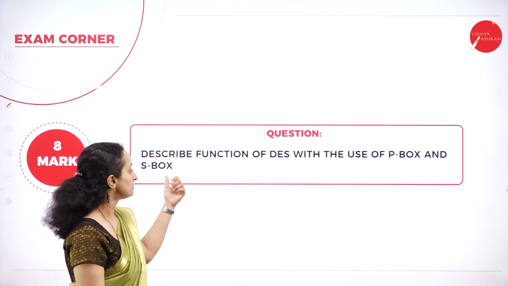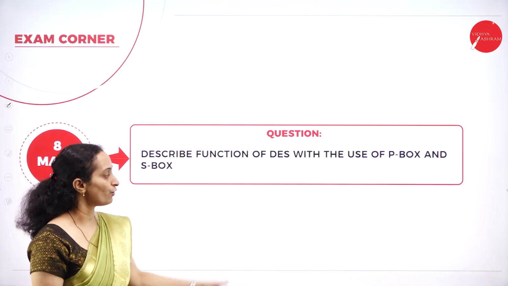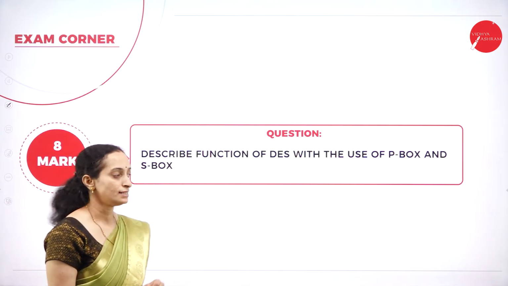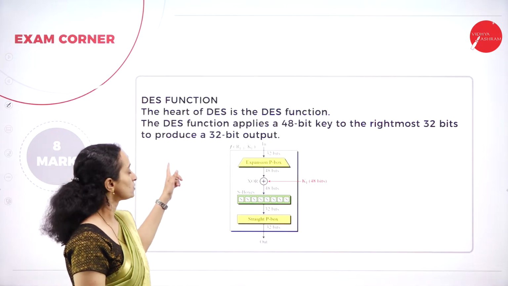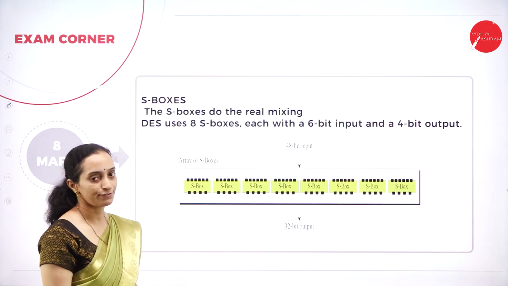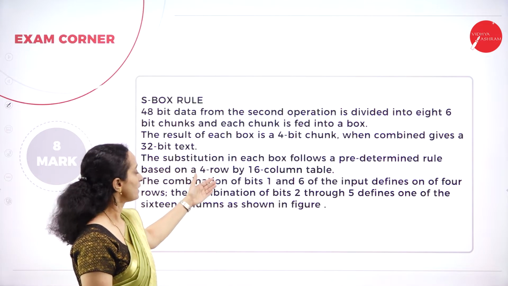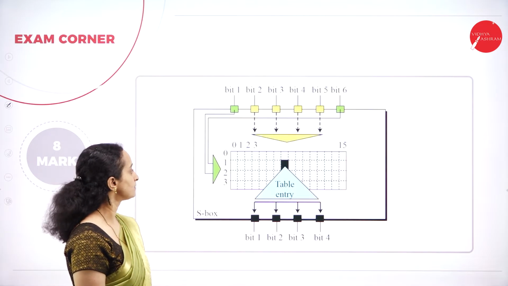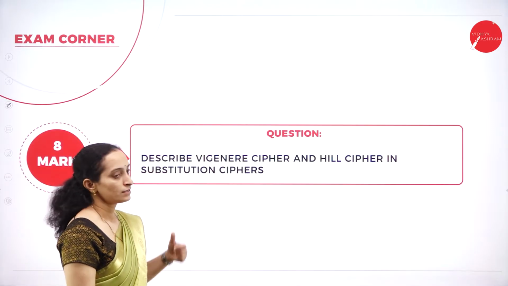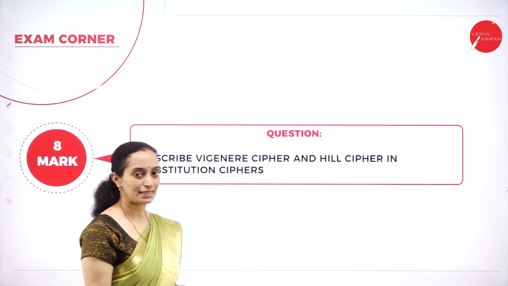Next we have the function of DES with the use of P box and S box. Okay, permutation box and substitution box. So here you can give the explanation like this. So array of S boxes, S box rule you can add, then how the S box works. That is about DES.